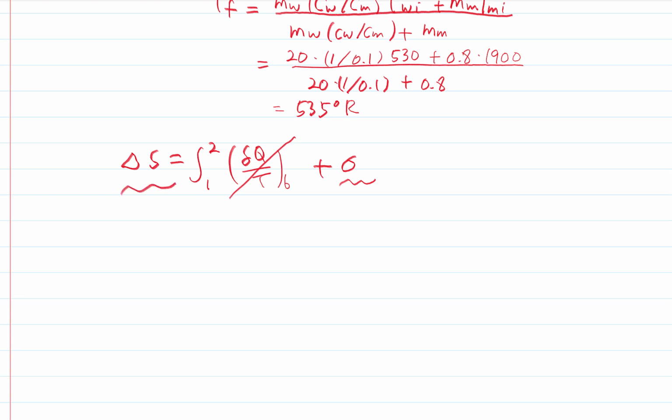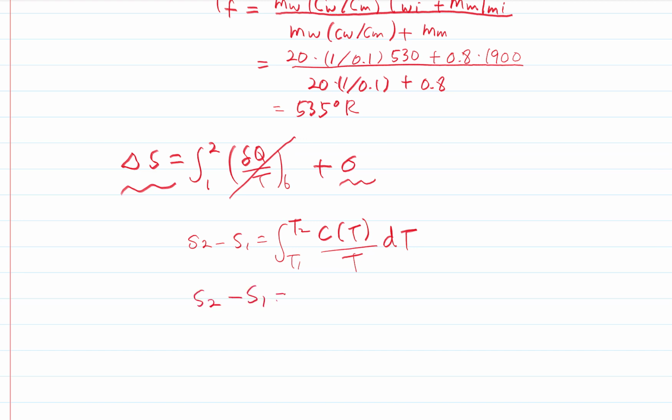For incompressible substances, entropy change can be written as the integral from T1 to T2 of specific heat C over absolute temperature dT. And we assume specific heat is constant.